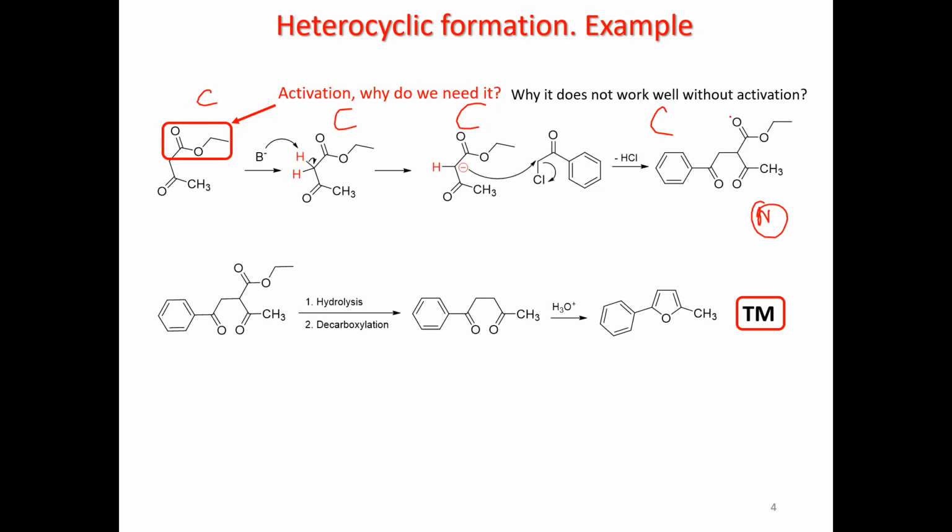If you remember Paal-Knorr, think about the position of, I'm anticipating a little bit now, but I can show you how easily you reconnect everything to carbonyl chemistry. These carbonyls are in a 1,4 position. The relative position of the carbonyls really helps in the synthesis of your starting material, which includes the 1,4-dicarbonyl in this case.